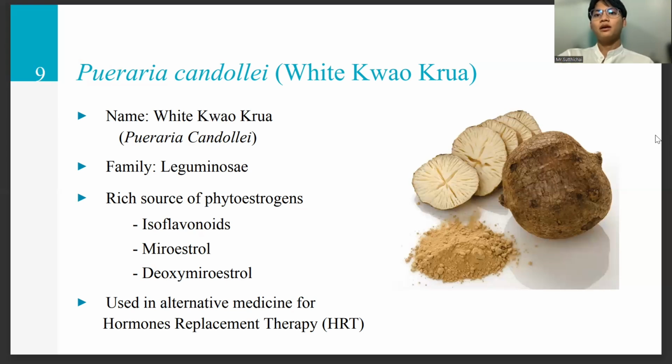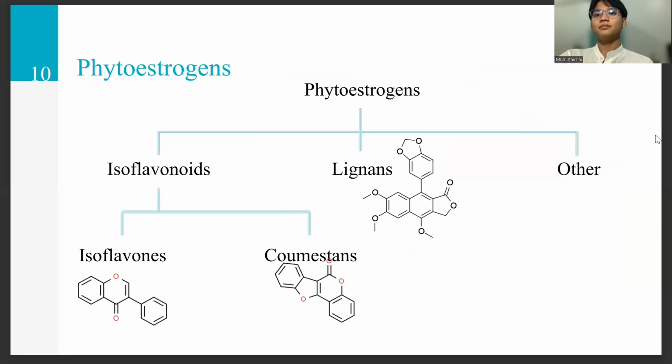Pandorea candere is used in alternative medicine for hormone replacement therapies, or ERT, by using phytoestrogen that occurs in plants. Phytoestrogens are diverse groups of non-steroid plant compounds that can behave as estrogen and occur naturally in most plants, fruits, and vegetables.